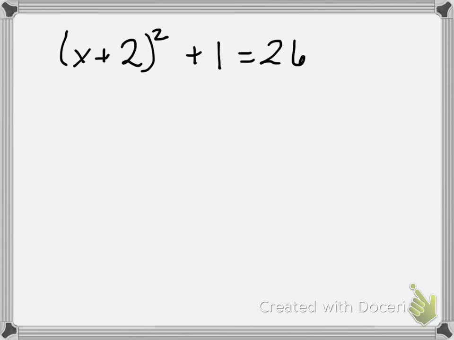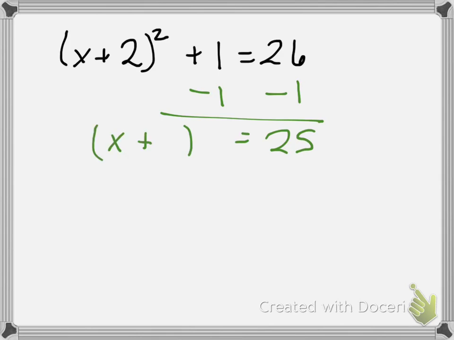Okay, so I just subtracted 1 on both sides to get 25. And then I took the square root of both sides.